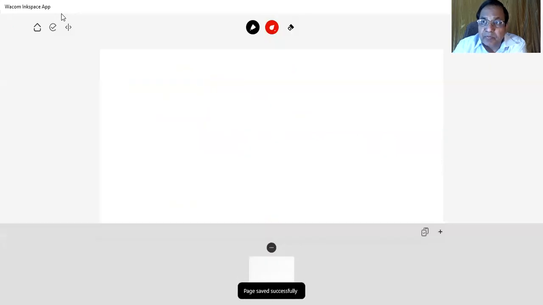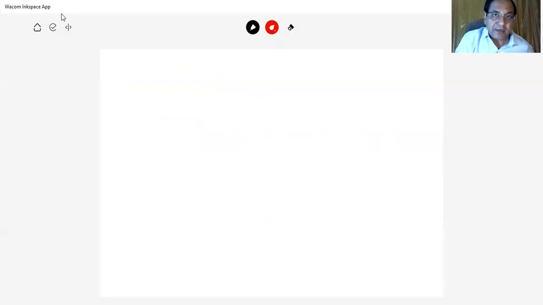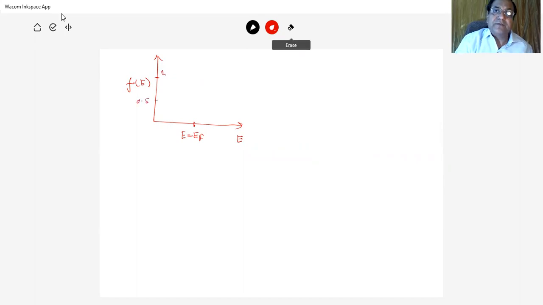And we can plot this as, the function is something like this. There is energy E, and here the function of energy F(E). Then this value is E is equal to EF. This value is 1 and this value is 0.5.